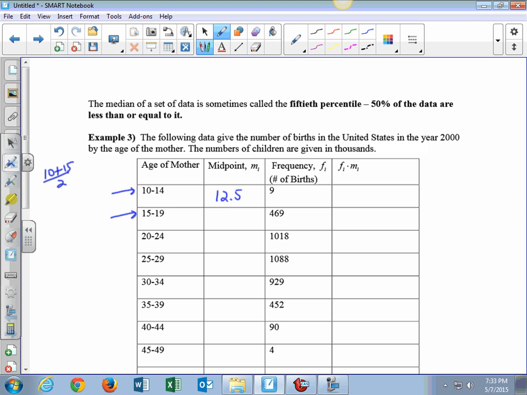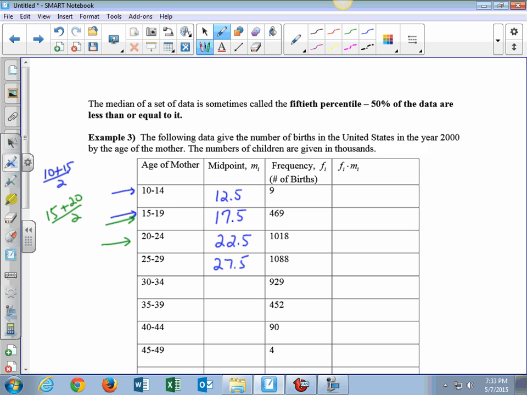So looking at the next one, let me switch to green here. To get the midpoint of 15 through 19, I'm going to take 15 plus 20 and divide it by 2 to get my 17.5. Okay, so that's how I get those midpoints. So following through with the rest of them, and a lot of times you finally see the pattern and then you just write them down.